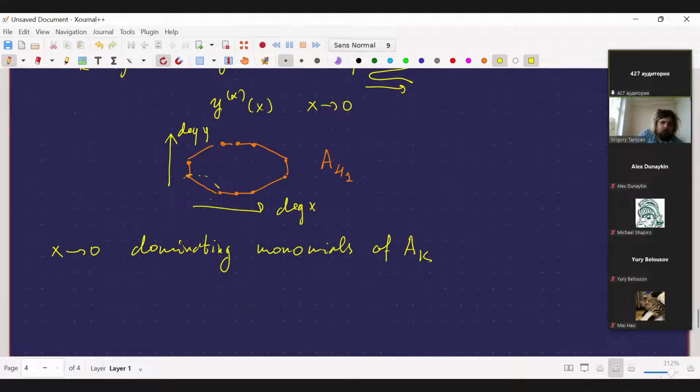So those are monomials in left edges of the polygon, a part of the polygon convex to the left. So it contains vertices which are leftmost on horizontal lines passing through the polygon.